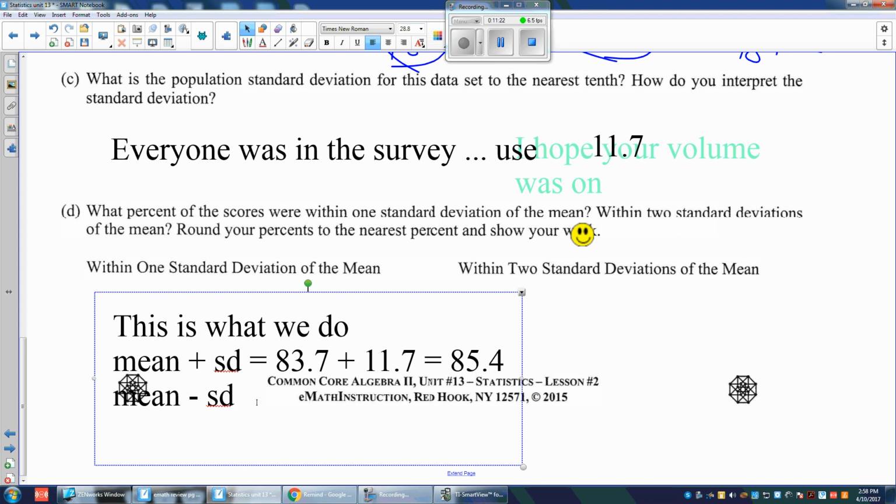And then the mean minus the standard deviation is 83.7 minus 11.7, which equals 72.